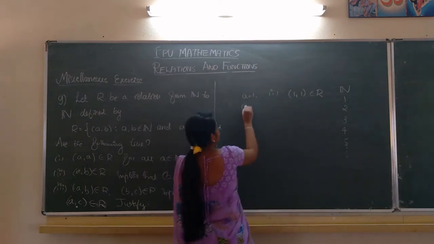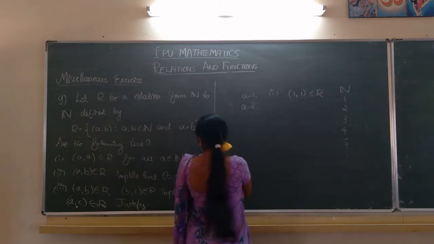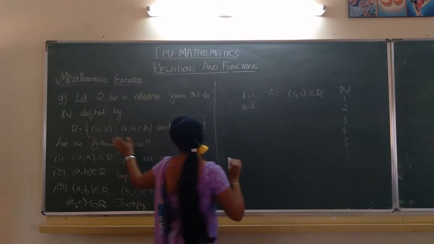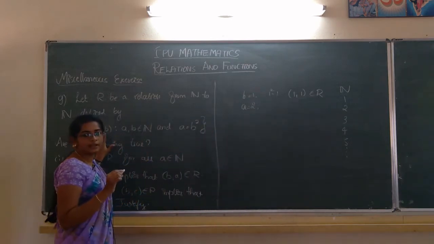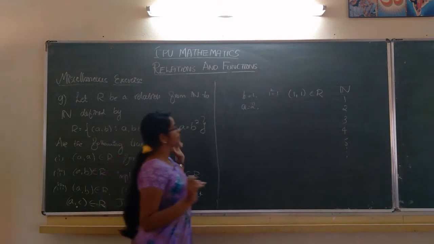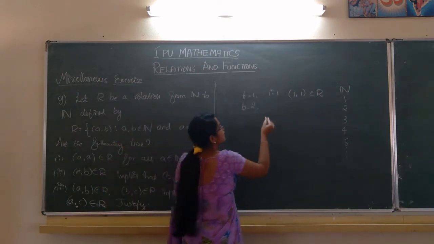And if I take my B to be equal to 2, because the first element is the square of the second element, I will choose the second element, then according to that I will get the first element. So, if I take B to be equal to 2, then what is my A?